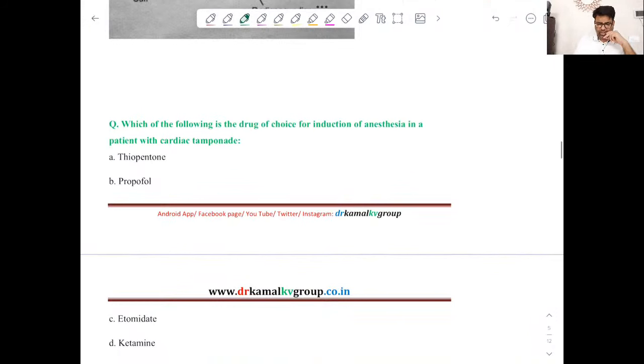Now some questions related to anesthetic agents, and one is about the choice of induction agent in a patient with cardiac tamponade. Right, so what drug will we prefer in a patient who is having cardiac tamponade?